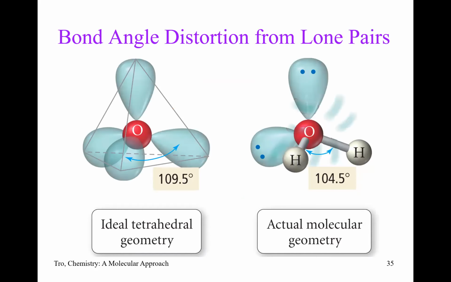You don't need to memorize 104.5. The important part is to know that those lone pairs are there, and it distorts and makes the molecular geometry different, right? So the electronic geometry, sometimes you see in these books, which they teach it to you when you're learning, but after you learn it, no one reports the electronic geometry of tetrahedral. It's the actual geometry that is important.